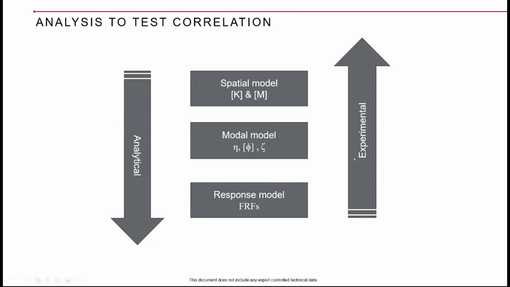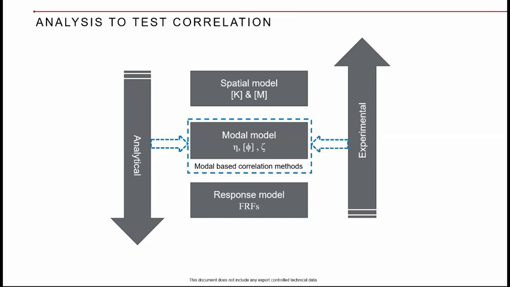So why I am showing this is to give us a clue at what data we can utilize from the test to compare with our analysis. At two stages, you can utilize the data. One is model-based correlation methods. You can do modal analysis on the experimental data and extract natural frequencies and eigenvectors. Damping is only required for response, so you keep that aside. First, we are interested in natural frequencies and eigenvectors.